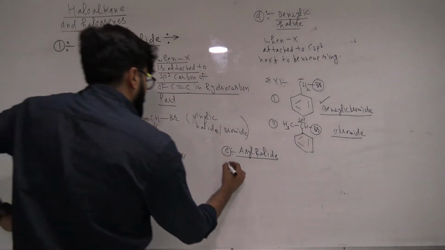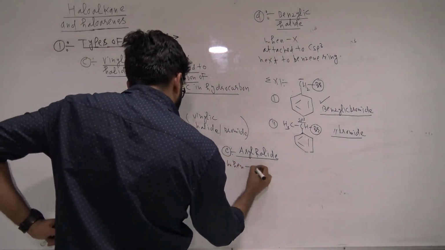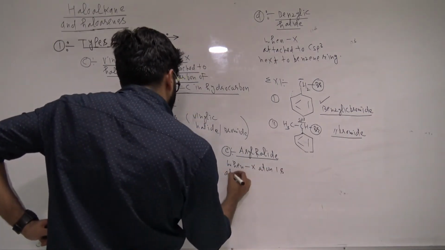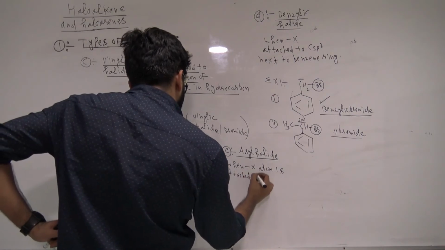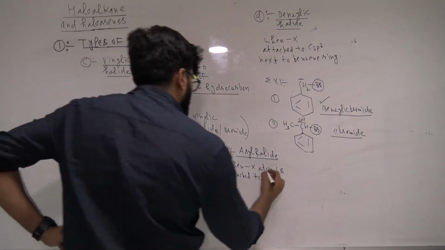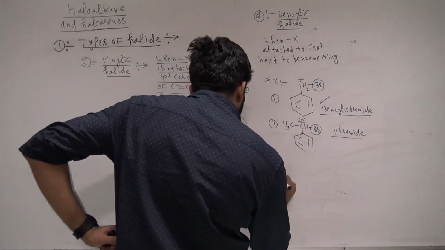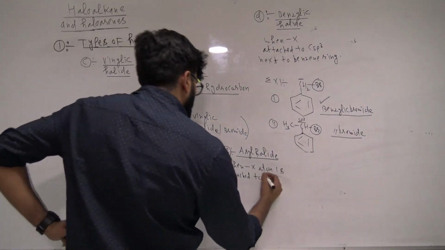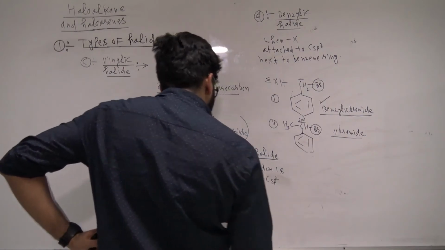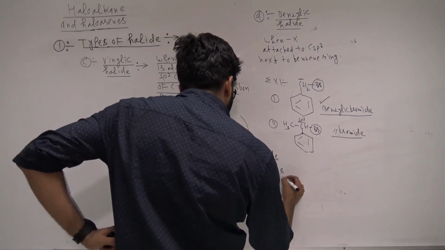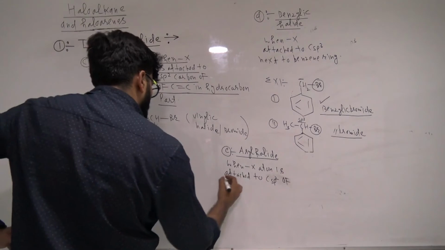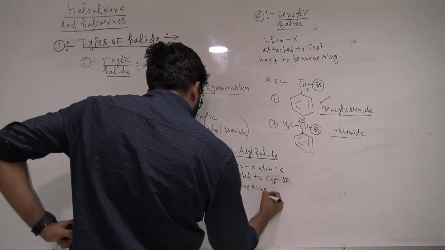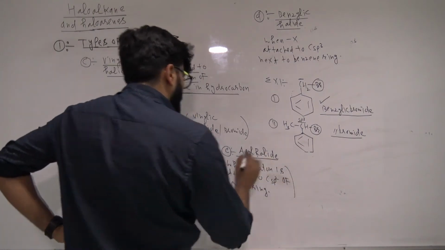When an X atom is attached to the sp2 carbon of a benzene ring, these kinds of halides are called aryl halides.